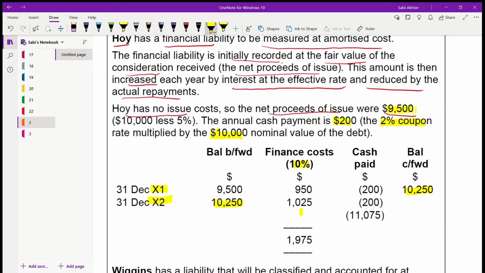So if you add this to finance cost, that is interest which will go in the P&L. It is this amount. Okay. And when you take this, what is the total?